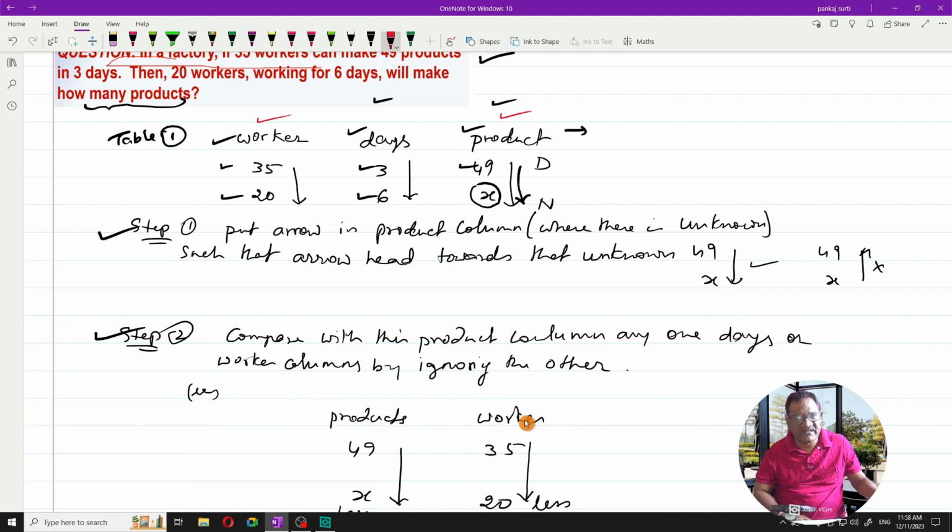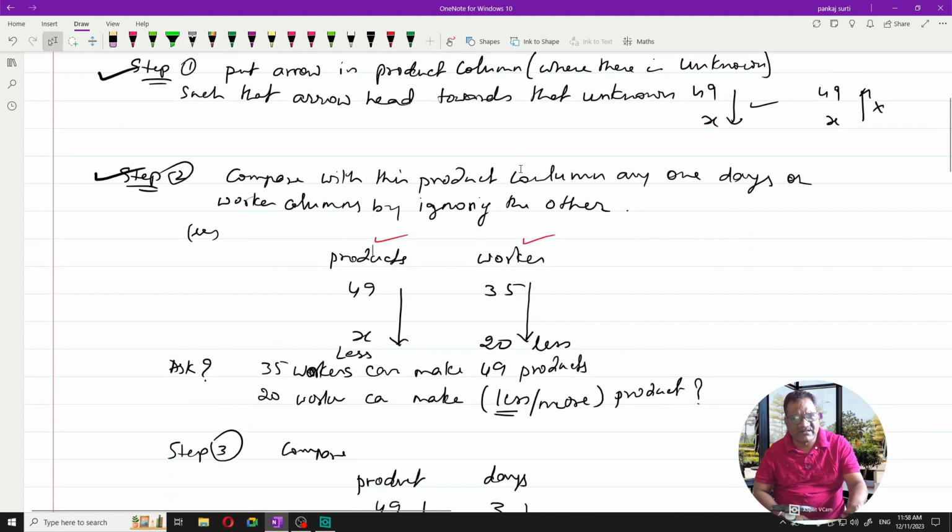It's not essential that the product column should always be on the right. You can always keep the product column on the left and the worker column on the right, no issue.